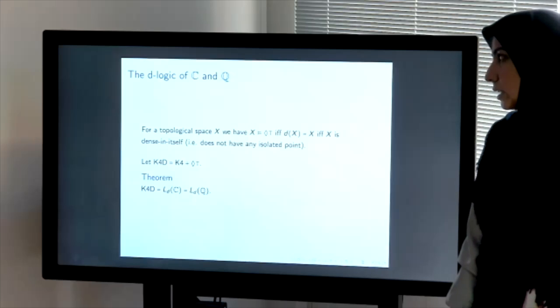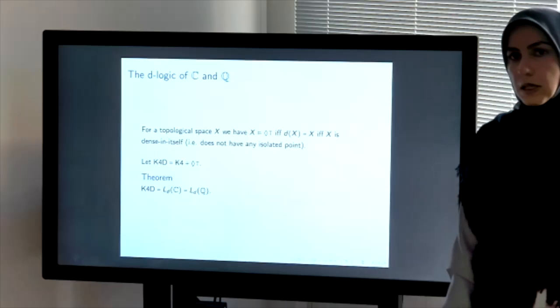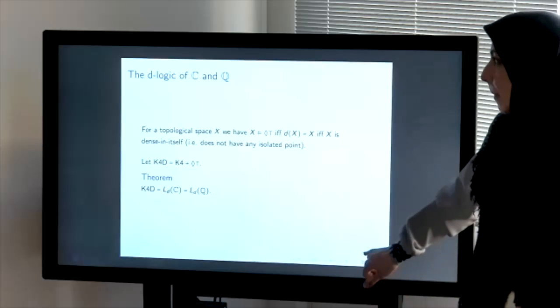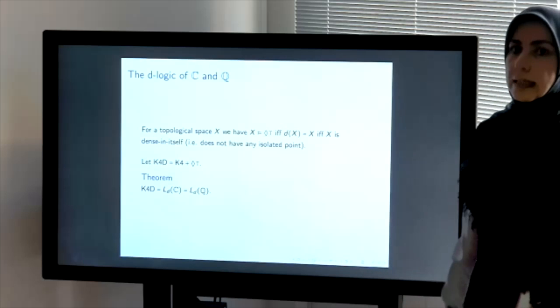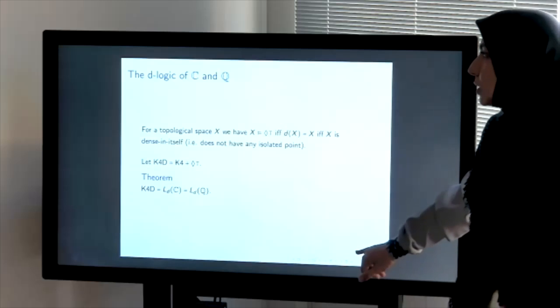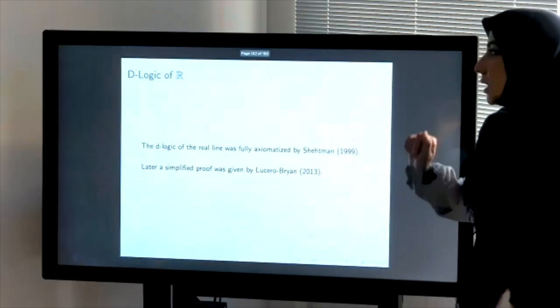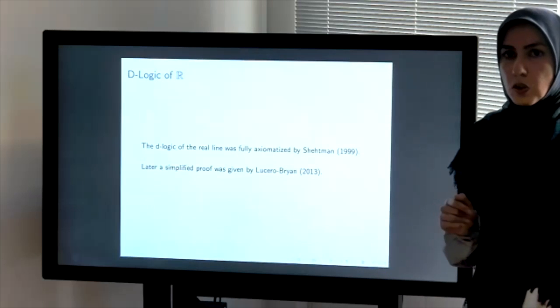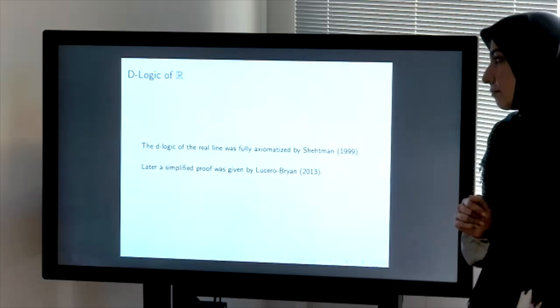So here the d-logic of the Cantor set and the rational line are equal. But the d-logic of the real line is not equal to the d-logic of the Cantor set or the rational line.